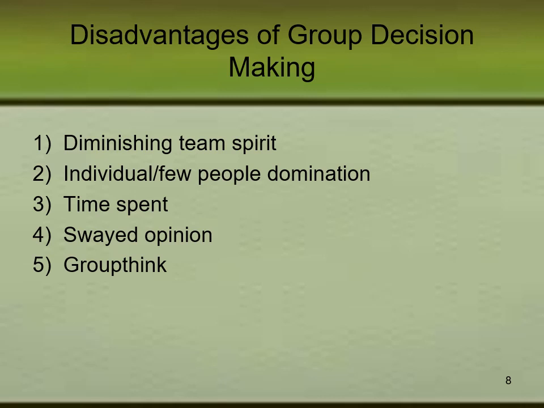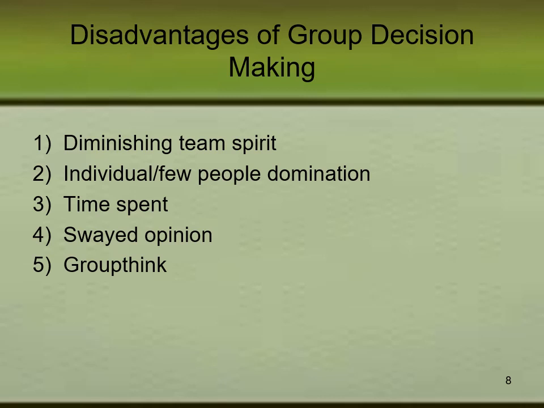So when this happens, ada domination, then other group members feel not appreciated lah. They feel that they don't have any value to the group. Okay, that is the second one. The third one is in terms of time spent in a group.